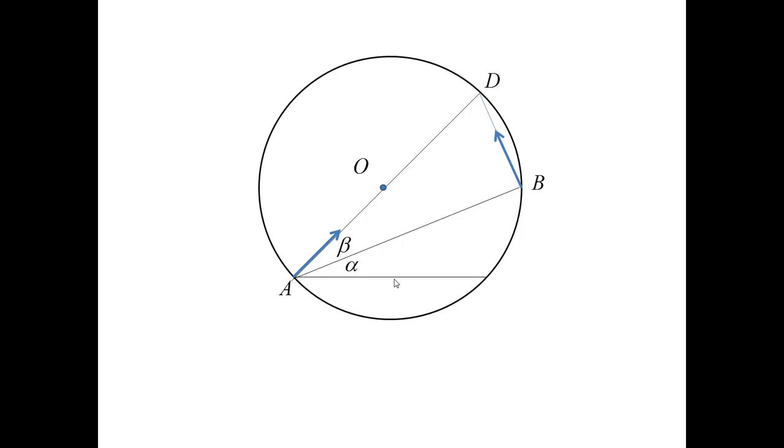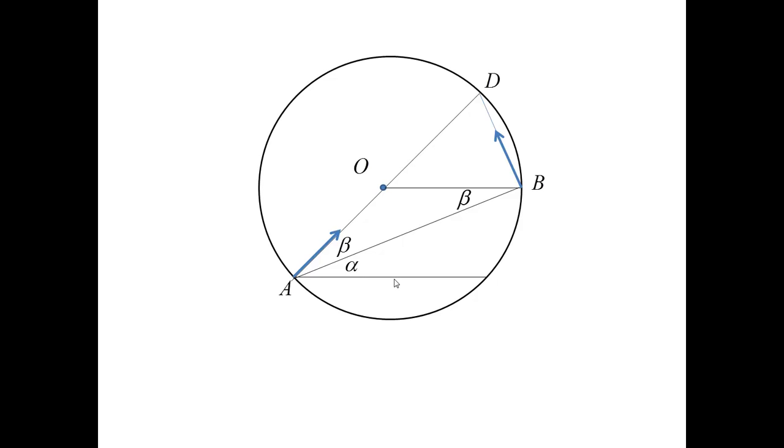To do this, first I will draw a line between O and B. If I look at the triangle AOB, it is isosceles because both AO and OB are equal to R. Therefore, the angle OBA is equal to beta.